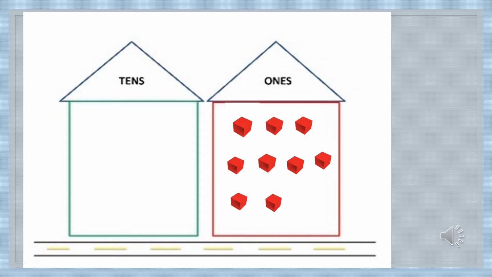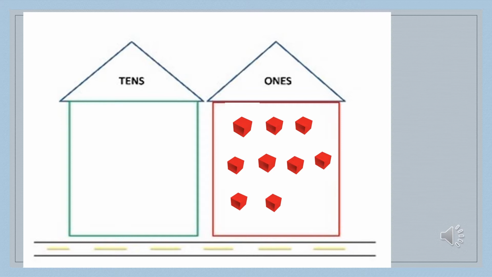Okay, and we have learned from one-digit number that one-digit number has only one house or one place, that is one's house. And as soon as we reach the number 10, it got two digits in it, and it requires two houses to be placed.